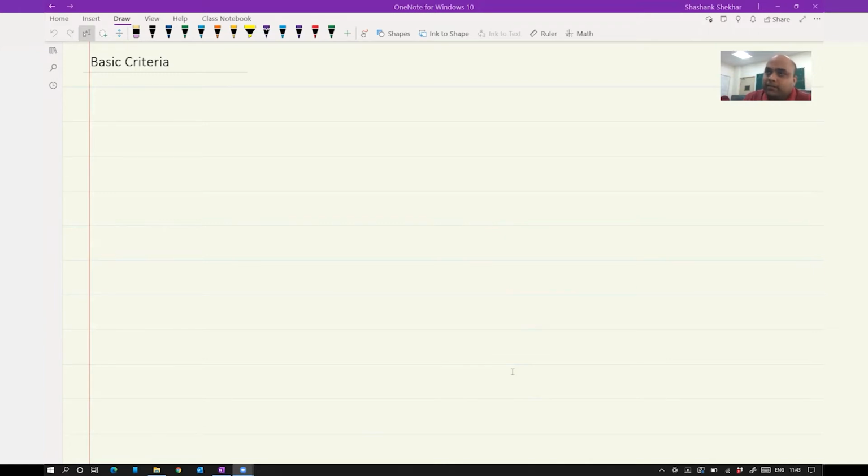So the basic criteria to obtain precipitation strengthening, let's talk about that. Or obtain precipitates. So what are the criteria to obtain precipitates in a given system?